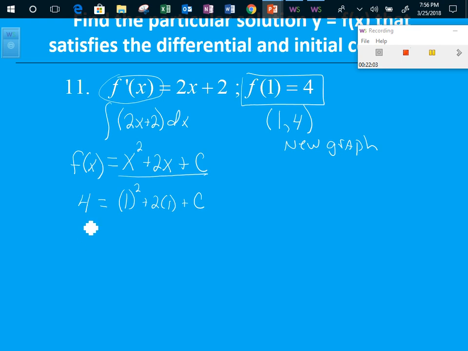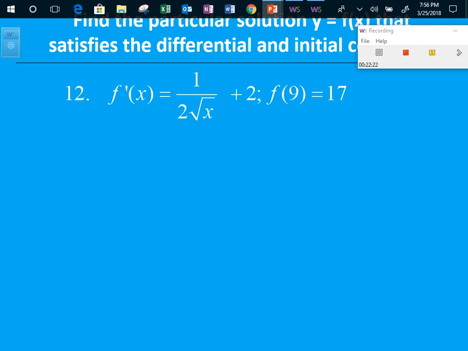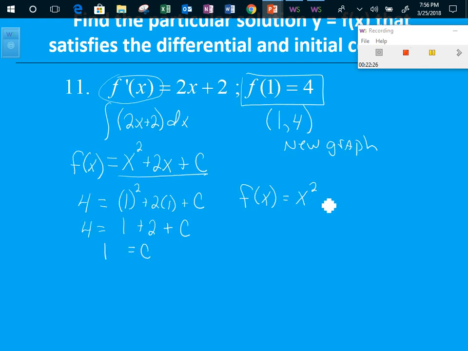And we're trying to figure out what c would be in this case, guys. So right now I'm at 4 equal, 1 plus 2 plus c, so it looks like c must be 1. Here's your final answer. My final answer is f of x equal x squared plus 2x, and my c is now 1.